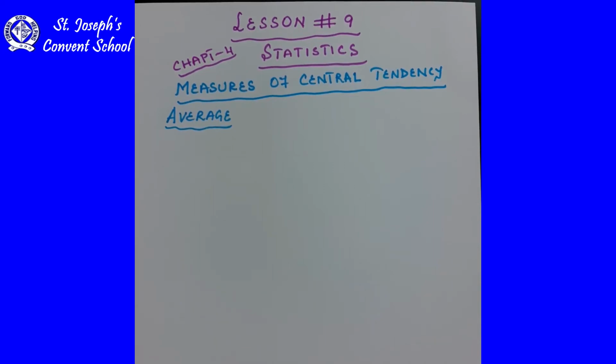Now how to use it when data is given, how you do the calculation, how you find the answer from those values and data. Now we'll start. The topic here is measures of central tendency. Measures of central tendency means you find one central value, one main answer.